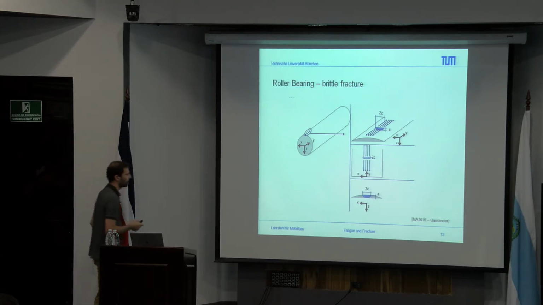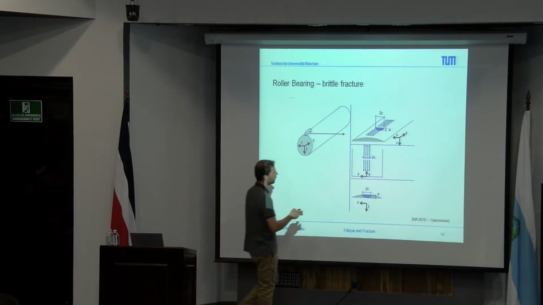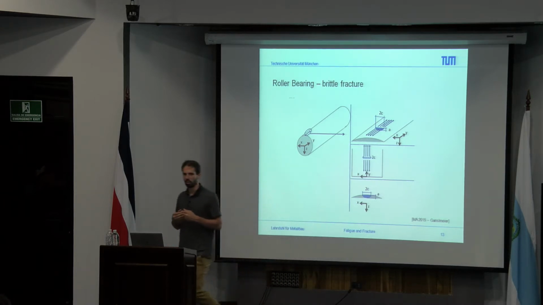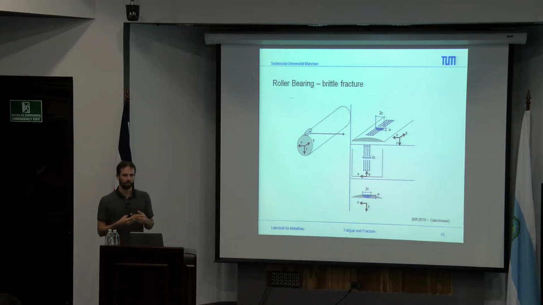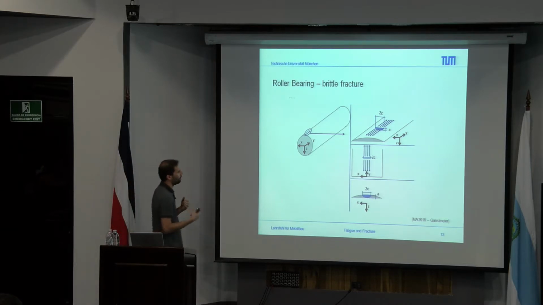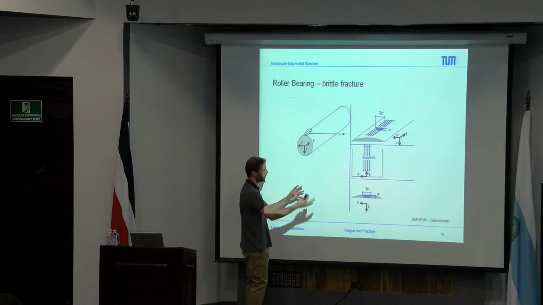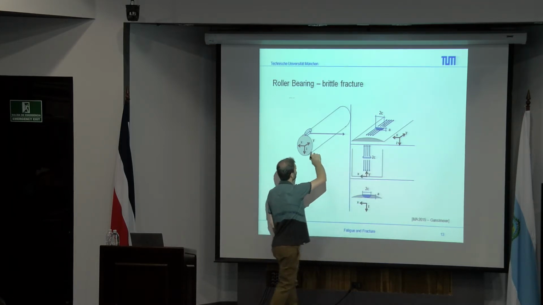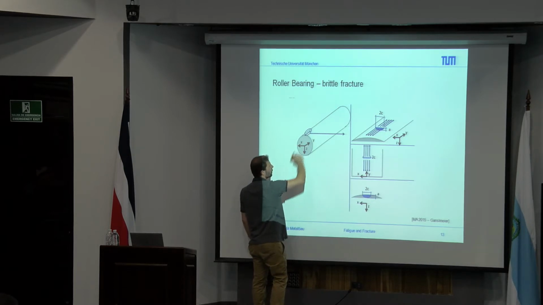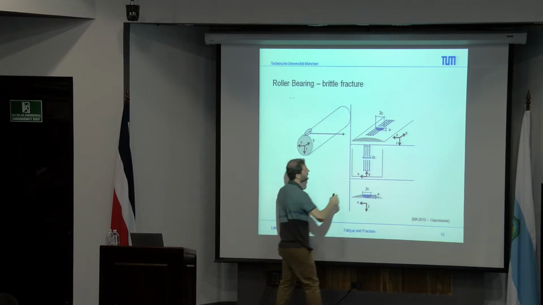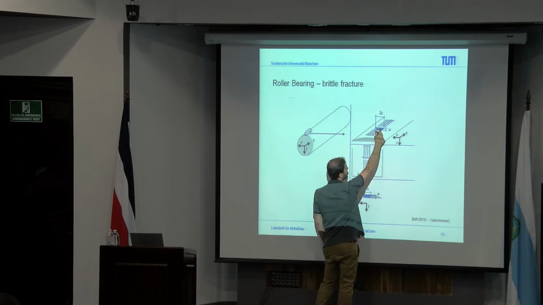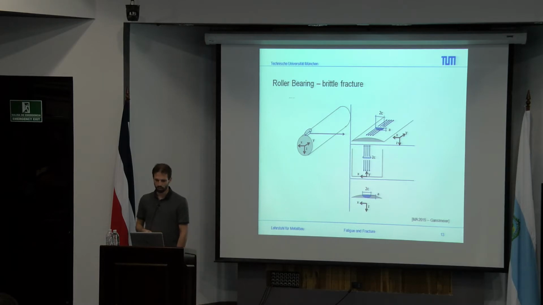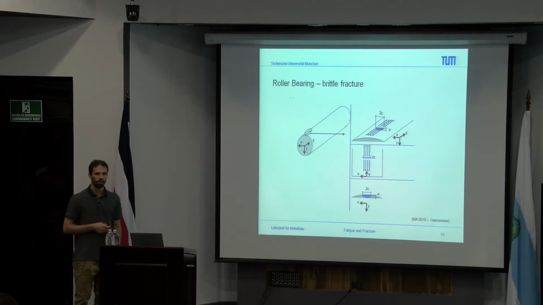So we applied a crack model which is going in the direction of the main tension stresses. How does it look on our model itself? We have the tension going longitudinal along the roller bearing, and we have to apply some crack model. This is a surface crack, described by 2C and A.